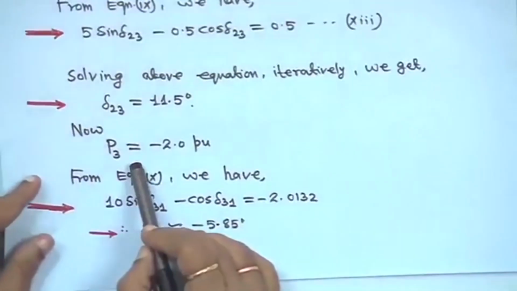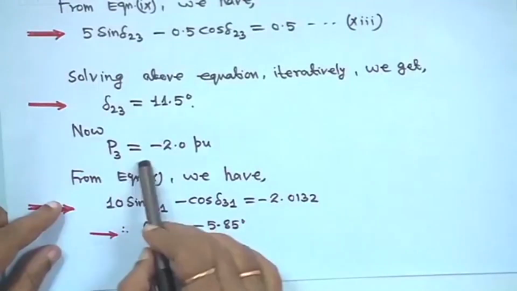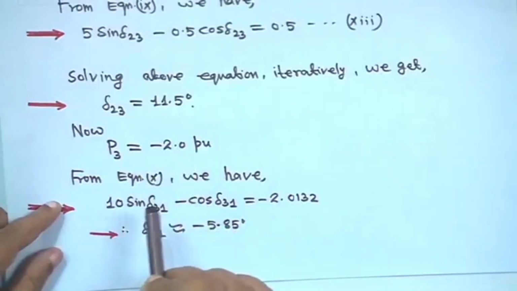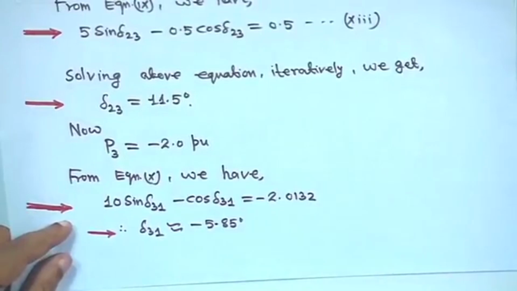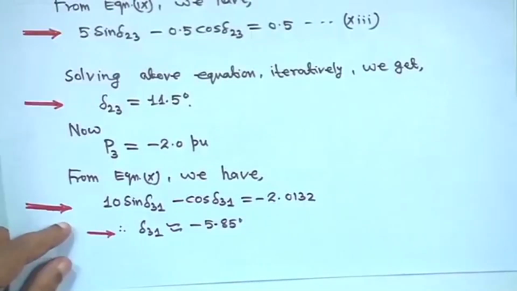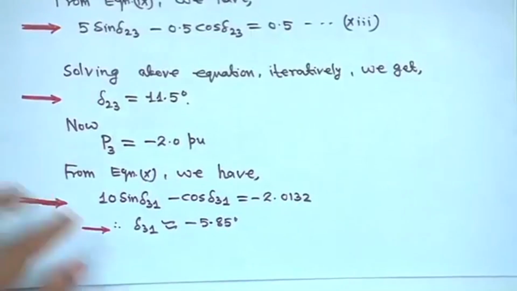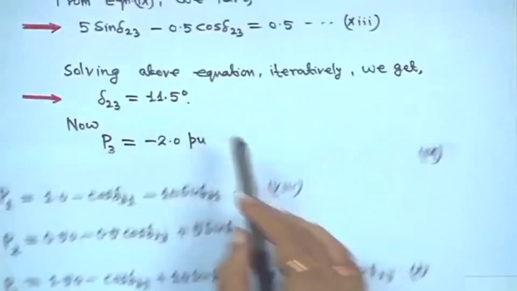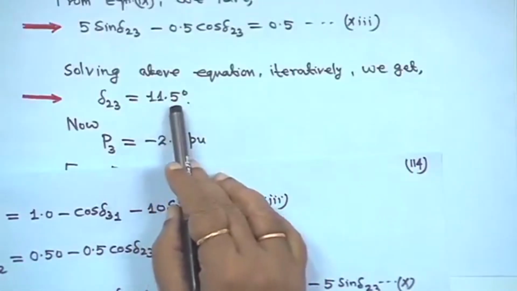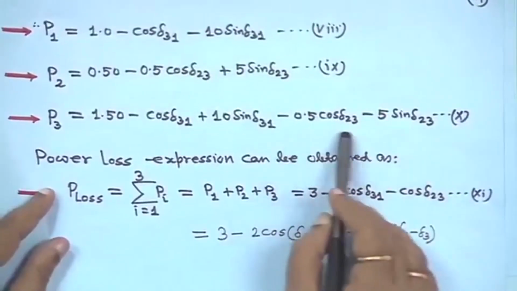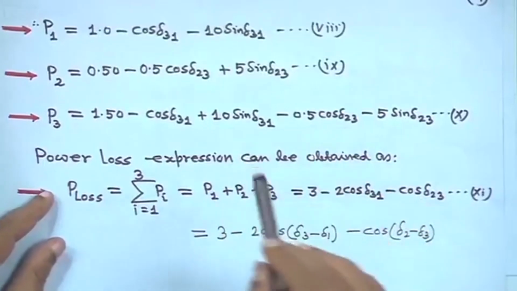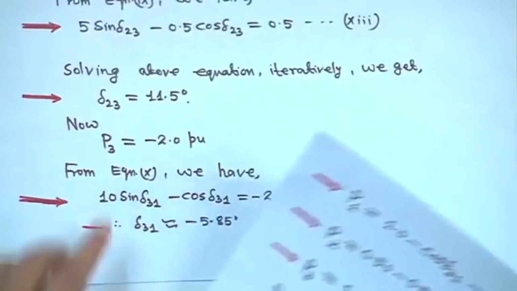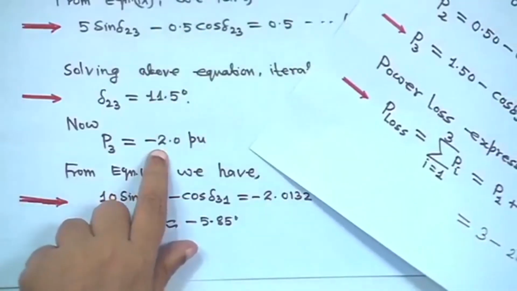Now, at bus 3 only load is there, but generation is not there. So, the power injection is minus 2.0, right. So, you go to equation 10, and with δ23 as 11.5 degrees, you get cos δ23 and sin δ23 and simplify this equation, with P3 equal to minus 2.0 at bus 3.